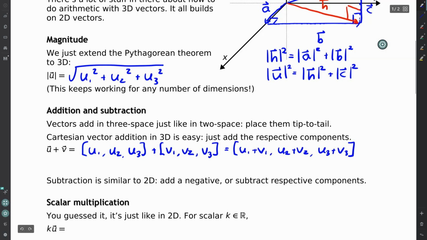And of course that extends to extra dimensions as well. So the Cartesian vector notation is really handy for working not just in 3 dimensions, but in larger dimensions, which you might actually do if you go on in physics or engineering. Subtraction is similar. You can add a negative or you can subtract the respective components.